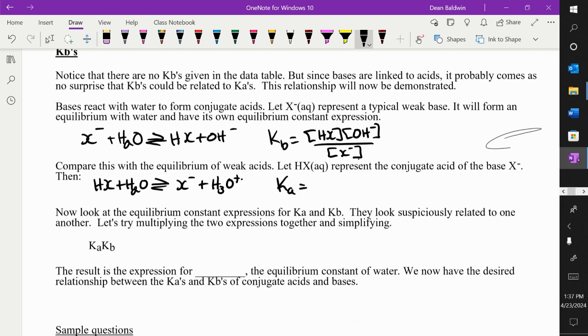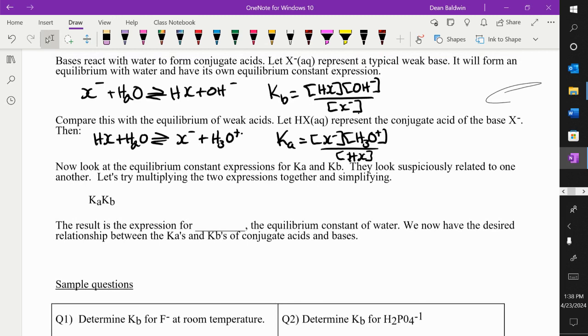So the Ka is equal to X minus over HX on the bottom. There we go. They look fairly similar. They got a lot of the same stuff in there. So what we're going to do is multiply the Ka and the Kb together and see what happens.